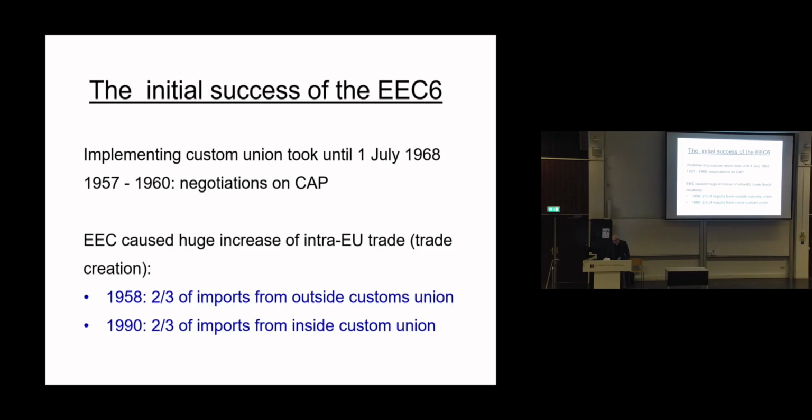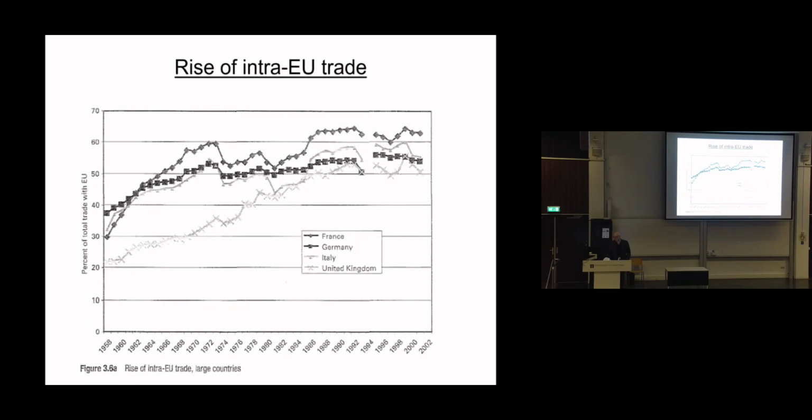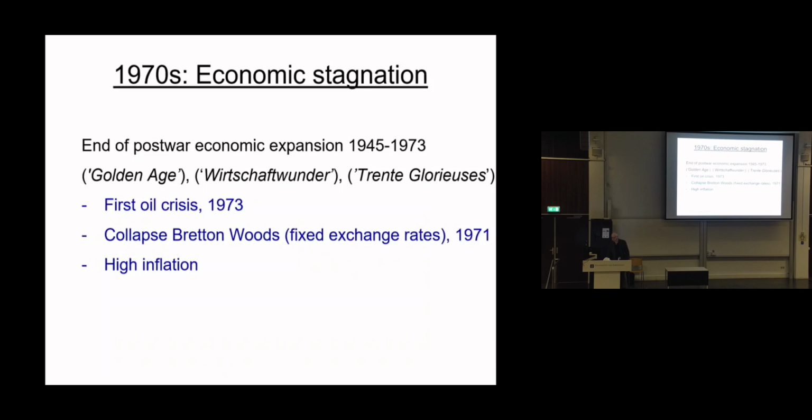That's the case for most European countries. Actually, the European Union is a fairly closed economy, because most of the production and export stays within the European Union. We can see here the rise of intra-EU trade over time, meaning trade between EU member states, and it grew significantly. Today, about 70% of international trade is with other EU member states.